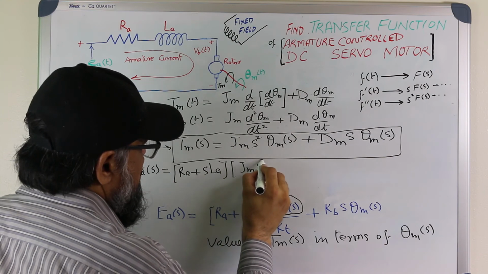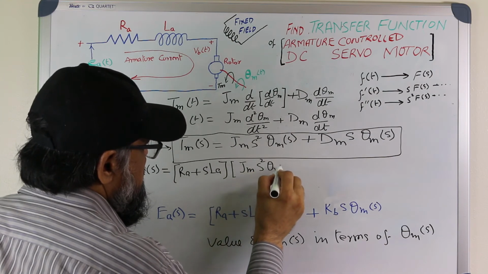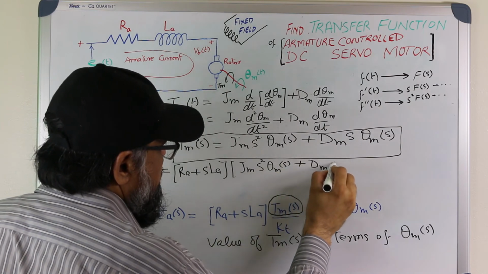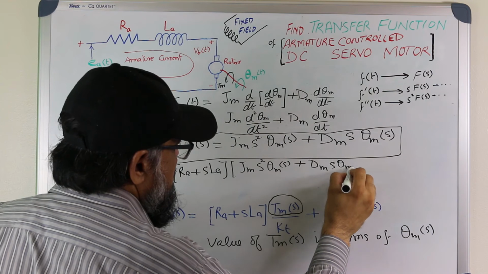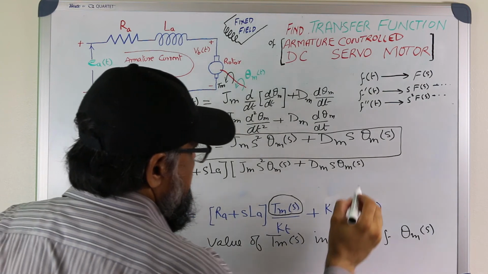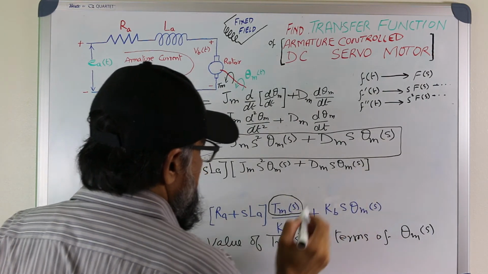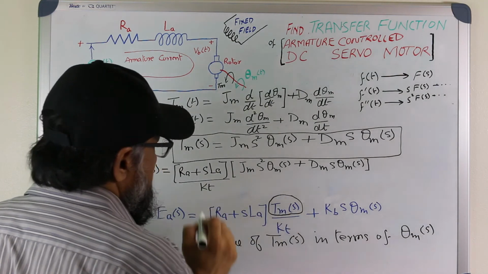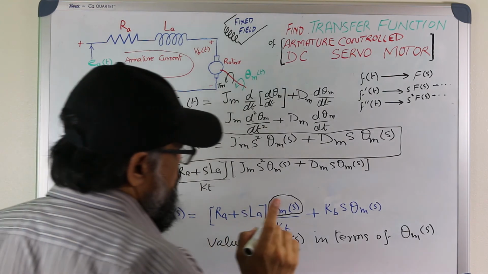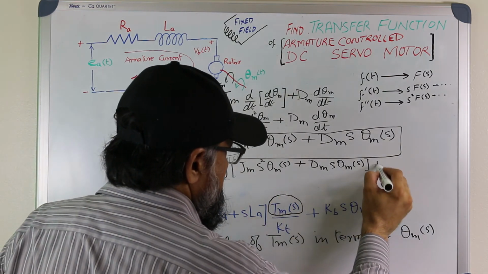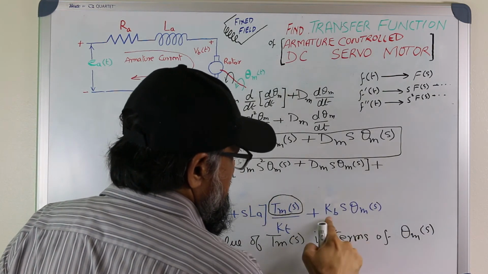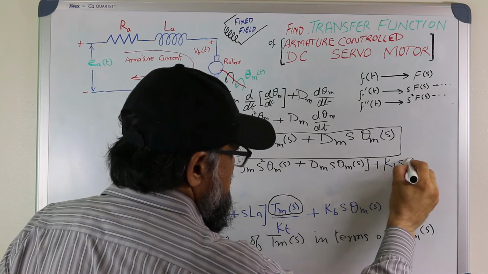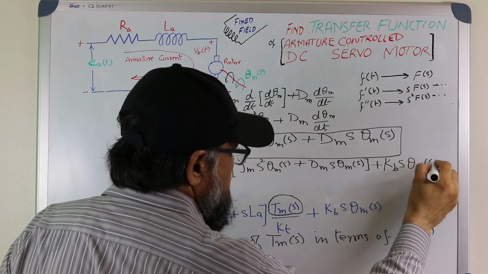Jm S square theta ms plus dm s theta ms divided by kt. I am writing here because I have to just show you one thing, plus this term kbs theta ms.